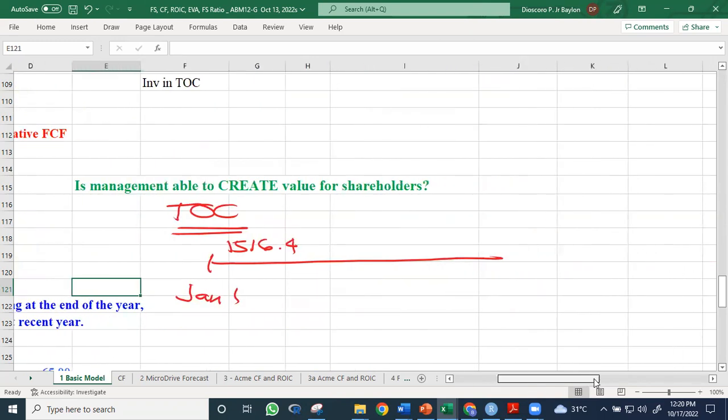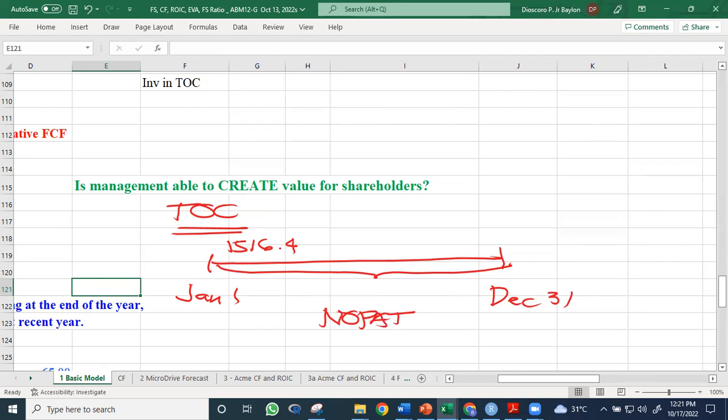Ang tanong, anong na-generate nila niyan? Sa buong taon ng 2021, so at the end of December 31, anong na-generate ng management? They were able to generate what? Okay, we're going to use NOPAT, no? Kasi sabi nga natin, unfair na gamitin natin yung NIAT to evaluate, to assess management.